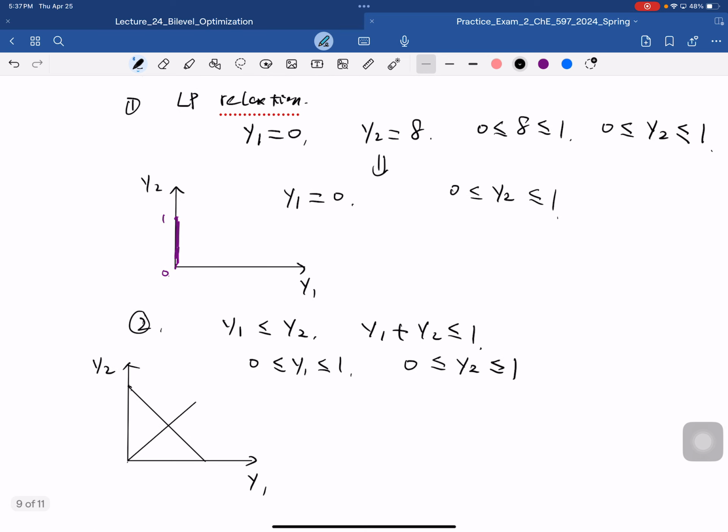This one should probably be the other way around. Oh no, it should be correct. So the feasible region of this problem should be this region here.